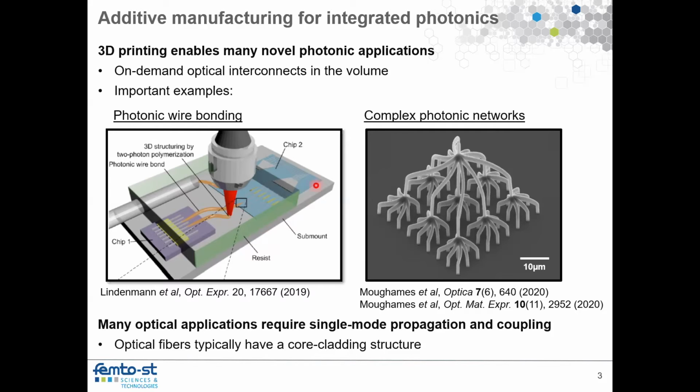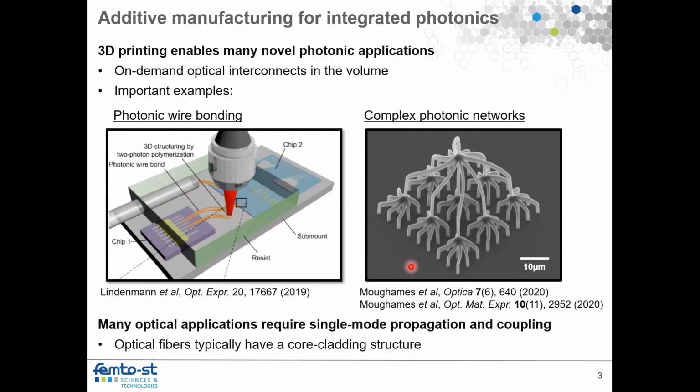For example, in telecommunications and silicon photonics, you can make flexible connections in the volume between a chip of one type and a second chip of a totally different type, where you can modify and optimize the connectivity between the two types of inputs. Here even a third one.